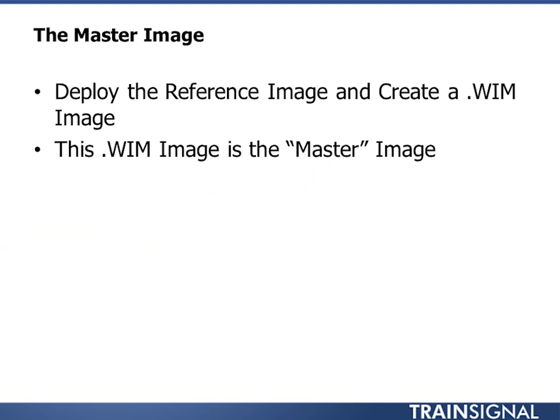Now, the master image. To create the master, you would deploy the reference image, create a WIM out of that, and that WIM becomes the master image. The big difference between a reference and a master image is the reference image in a task sequence would usually list every single application that's going to be deployed.